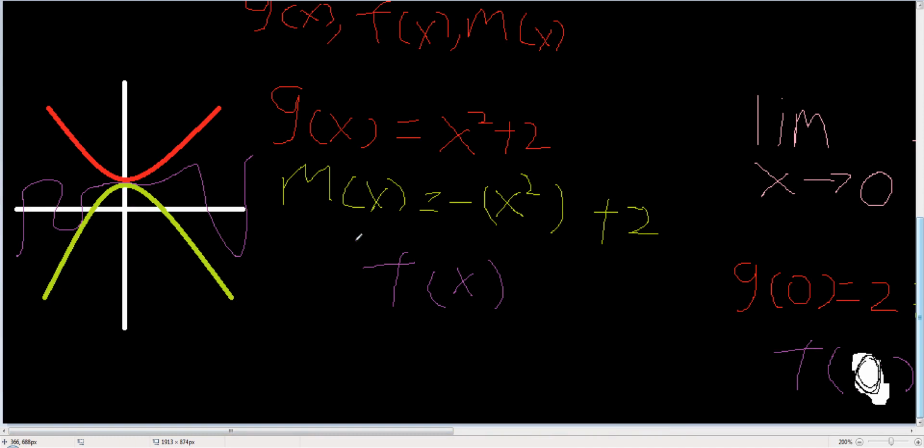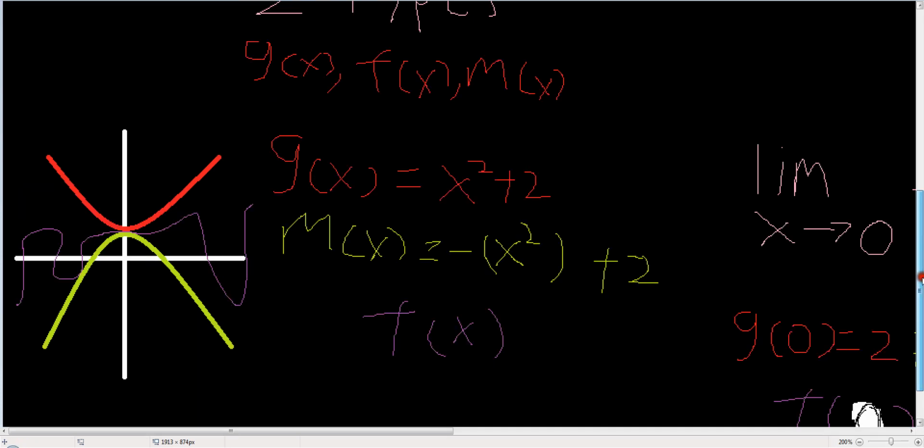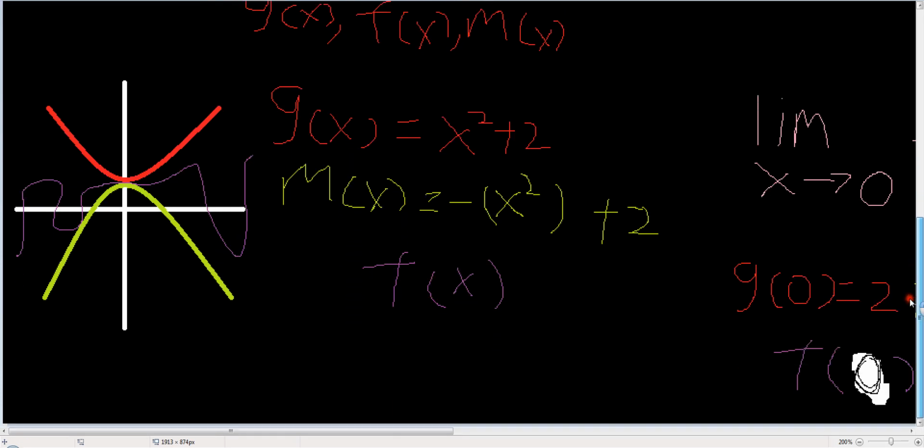And the second type of example, where g of x and m of x are not given, the f of x function is given instead, and you have to find the other two functions and find out what the limit is. We will talk about this in the next videos, but I hope you really understand this intuition right now.